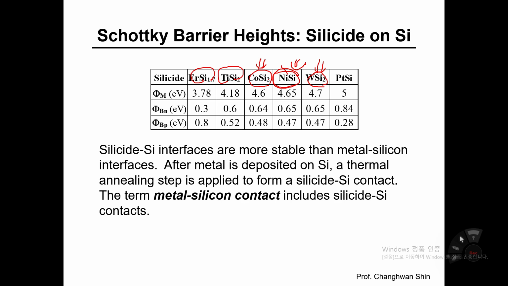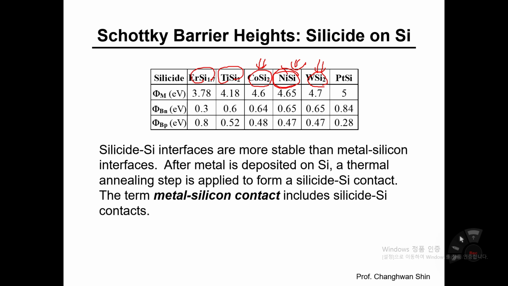Maybe within 5 years, industries would like to adopt cobalt as a contact material or even better one. So it depends on the company. And silicidation technique has been well adopted.